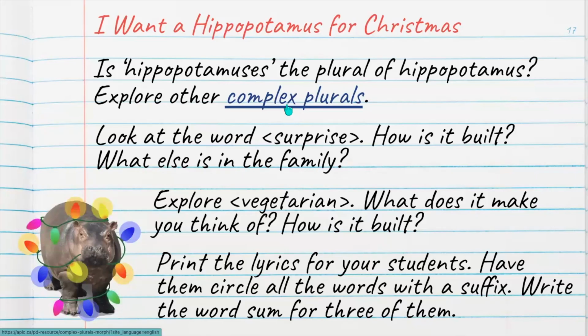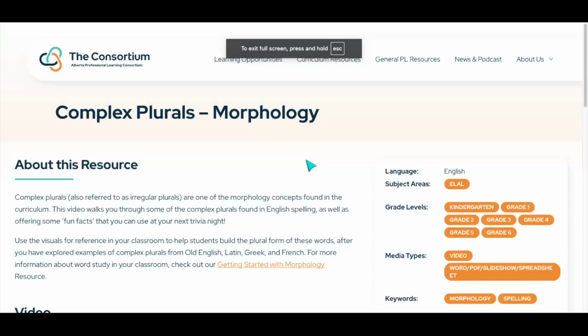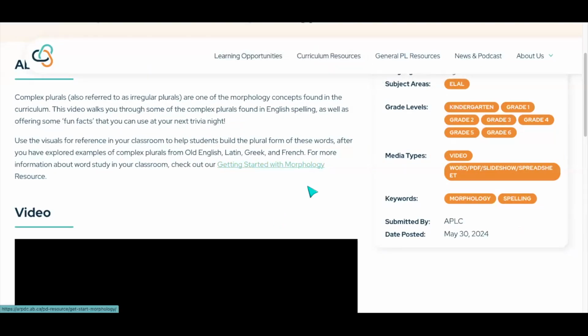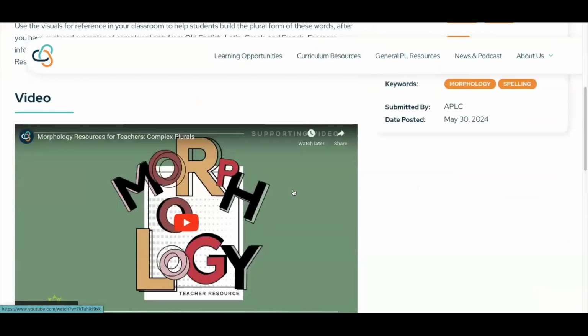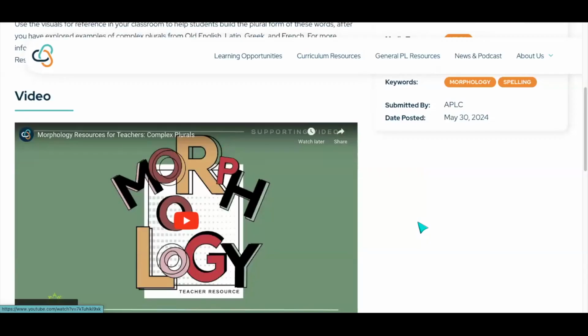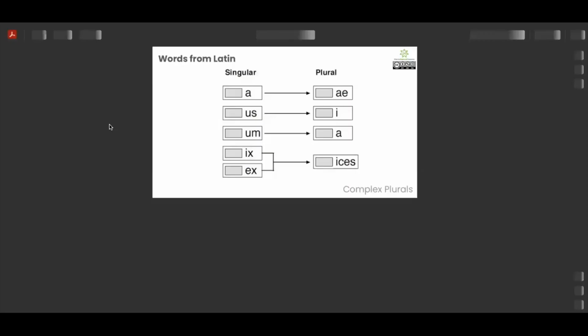Now, complex plurals happen to be an area that you are asked to explore. There's a little video here that walks you through complex plurals. And then I've created a little visual support to help you understand how we build out complex plurals based on their origin.